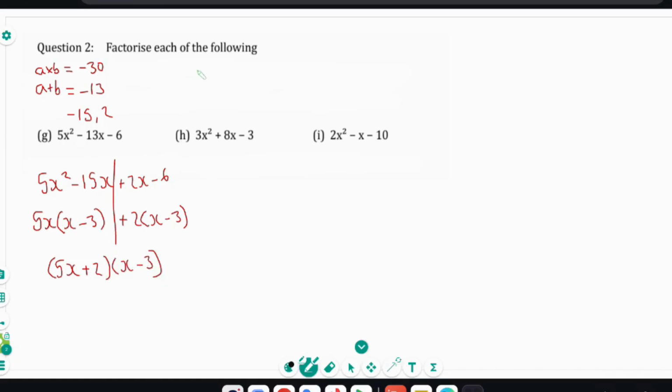Okay, h. So we've got 3x squared. So it would be 9, negative 1. 9 times negative 1, negative 9. 9 add negative 1, 8.